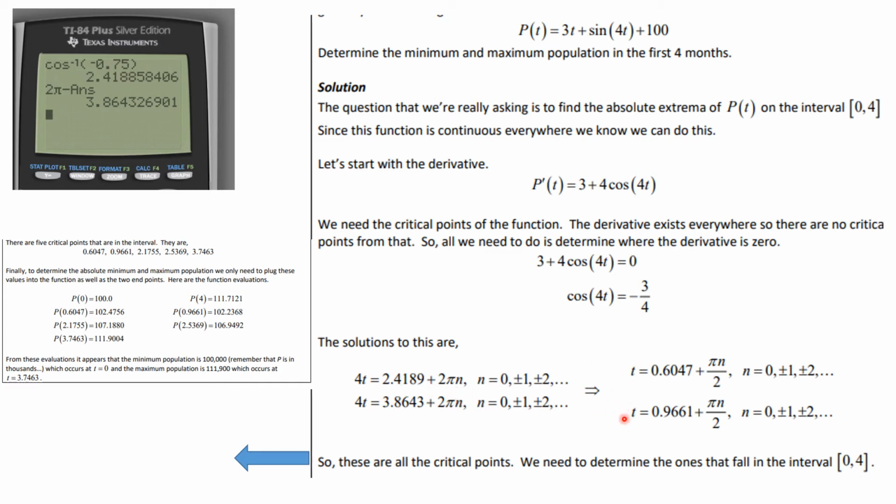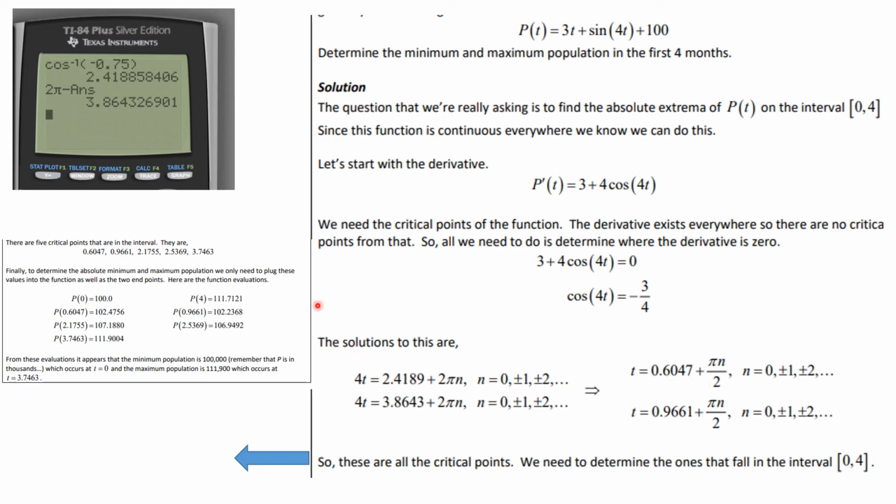But not all of those are going to be in the interval from 0 to 4, which is what we're interested in. So we have to check which ones fall in. So we're going to be doing a bunch of substitution here, as we did in the other problem that we did as an example.